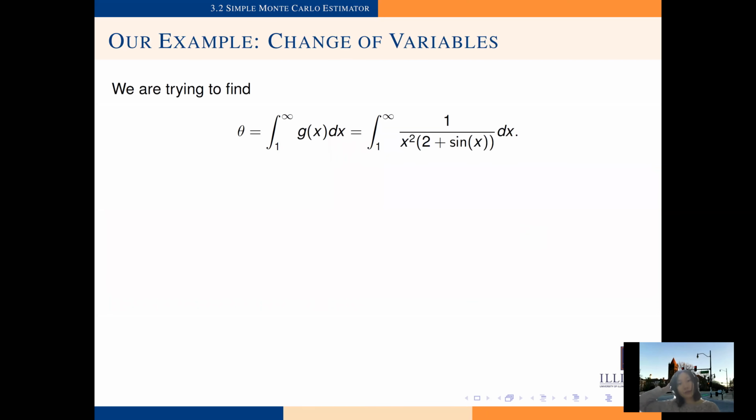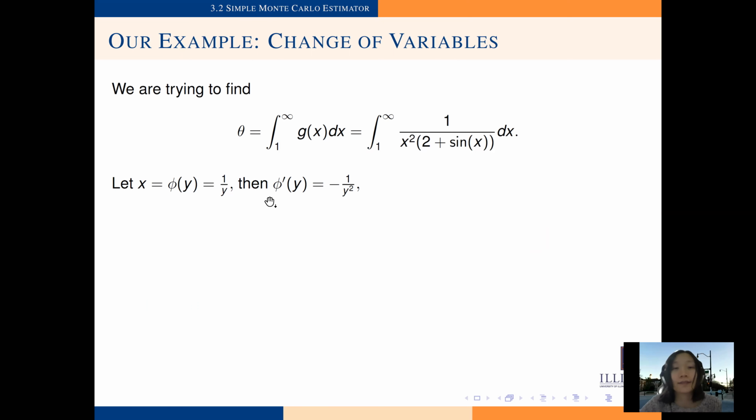So let's go back to our example where we're trying to find theta that's equal to this thing. For here, our g of x is going to be 1 over x squared times 2 plus sine x. And let's let our phi function, phi of y, which is equal to x, to be 1 over y.